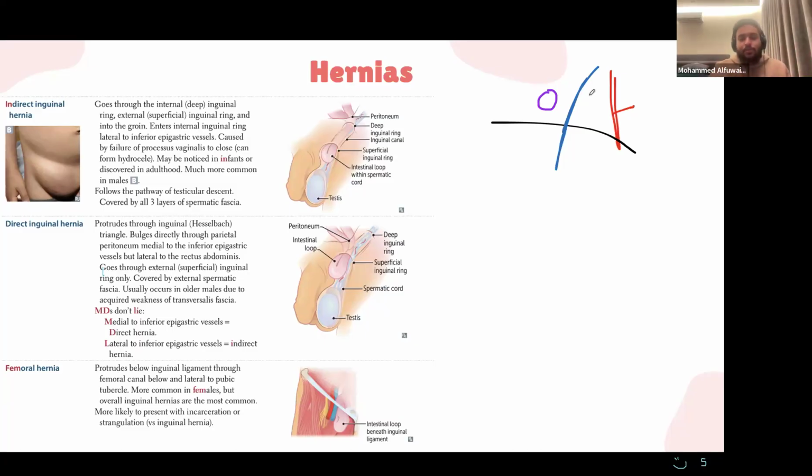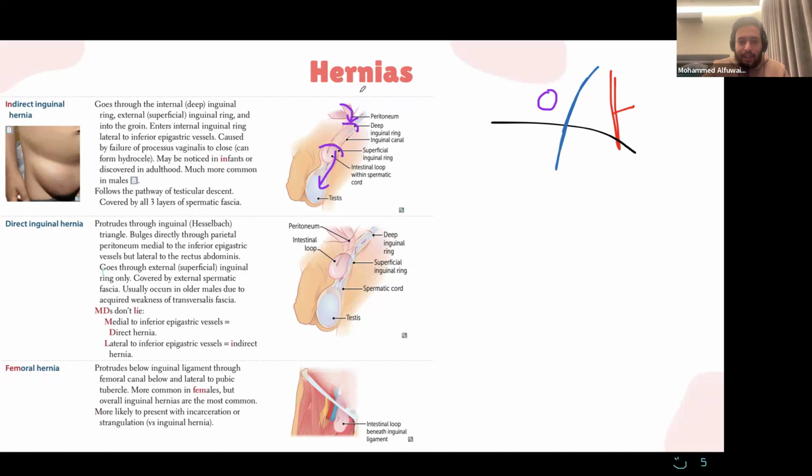The other thing is, where do these hernias go through? The first one is indirect inguinal hernia, which will go through all the rings, the deep inguinal ring and the superficial inguinal ring, all the way to the scrotum, okay? The cause of indirect inguinal hernia is usually congenital, due to a persistent processus vaginalis, which didn't close.